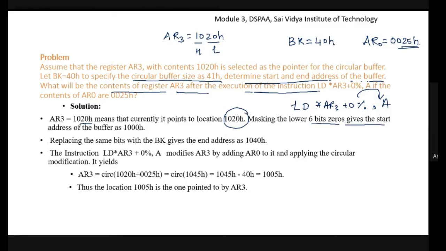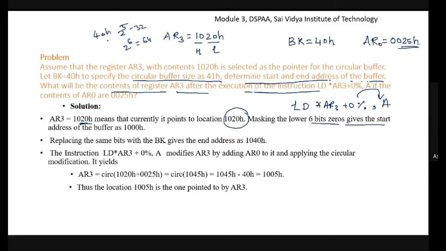The start address of the buffer. Here the LSBs, the LSB bits, we will mask. So depending upon the circular buffer size 40H, what is 2 to the power 5? 2 to the power 5 is 32. What is 2 to the power 6? 64. So what is happening here?